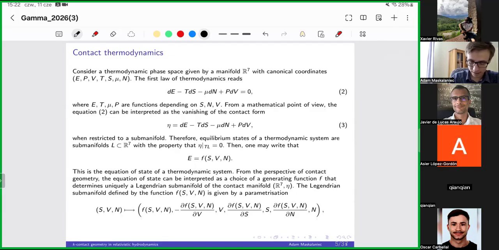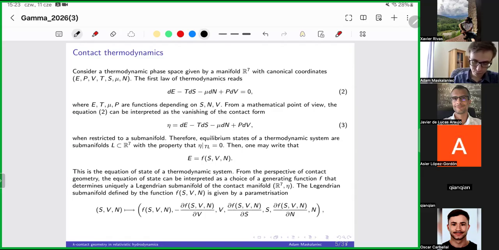Then, since this law of thermodynamics is valid for equilibrium states, if we consider such equilibrium states, we would like to describe processes that are described by curves, such that the tangent vectors of that curves vanish when we apply this differential form eta.